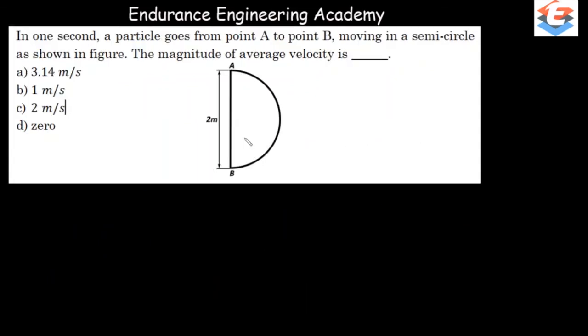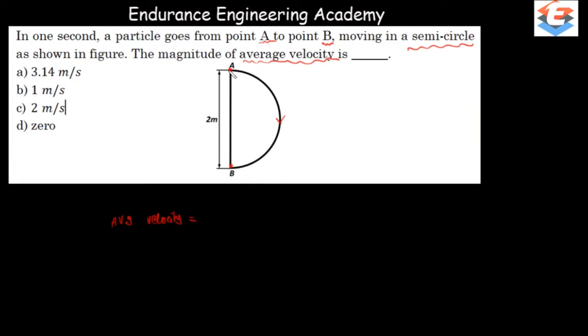In 1 second, a particle goes from point A to point B, moving in a semicircle. As you can see here, the particle is moving in a semicircular way. The magnitude of average velocity is dash. For finding average velocity, we need to use total displacement by total time.